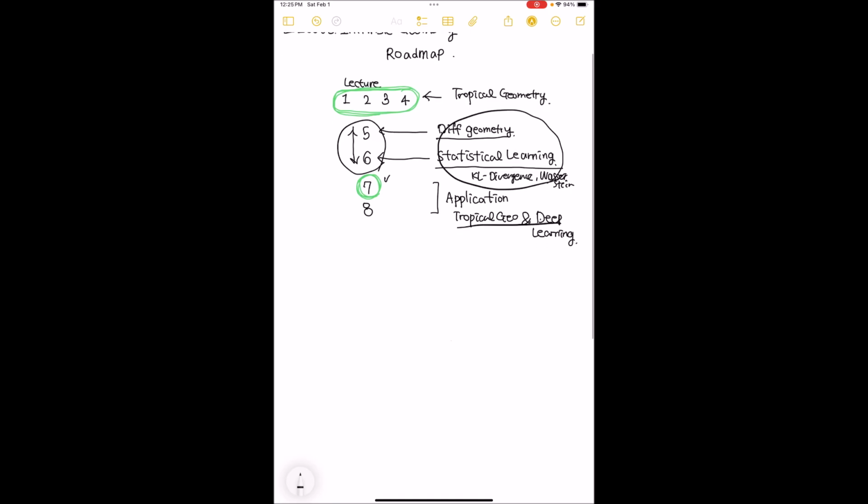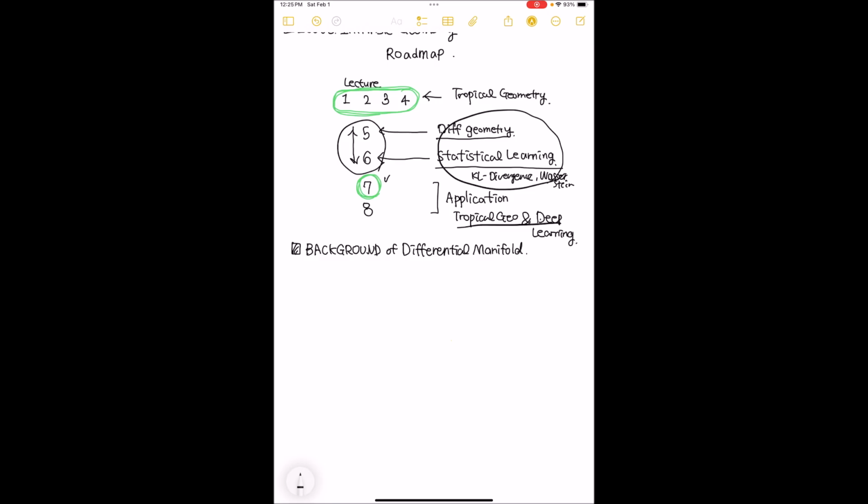So the first topic is the background of differential manifolds. That is just an enumeration of some facts of differential geometry.